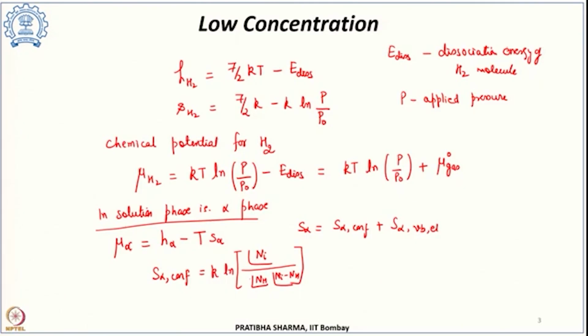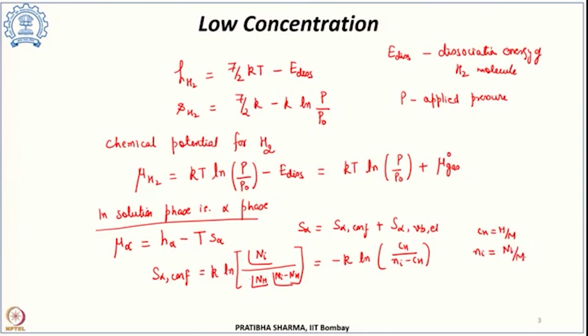Since we are considering the low concentration case, we can apply the Stirling approximation and write this as minus k ln of Ch upon (Ni minus Ch), where Ch is the hydrogen concentration, that is H by M, and Ni is the number of interstitial sites available per metal atom.